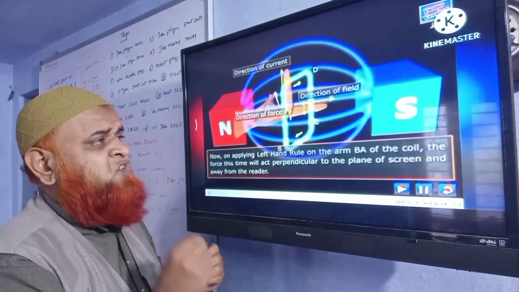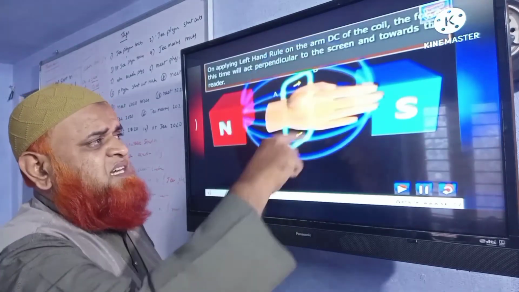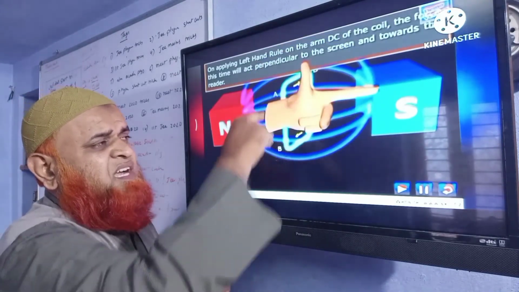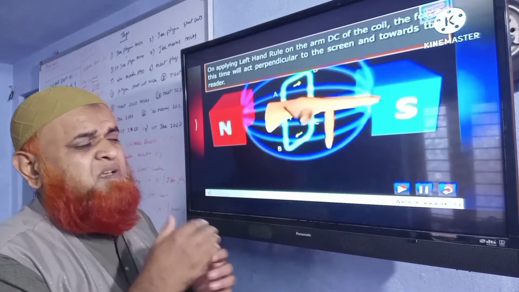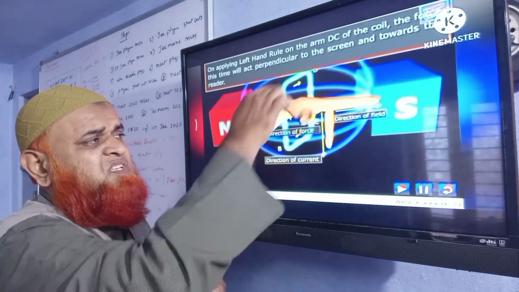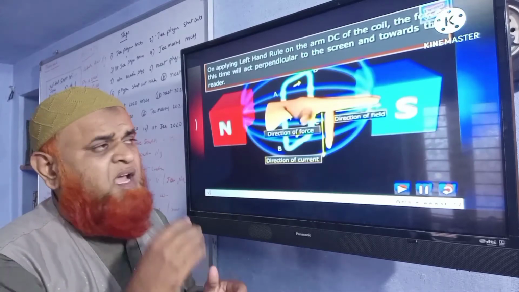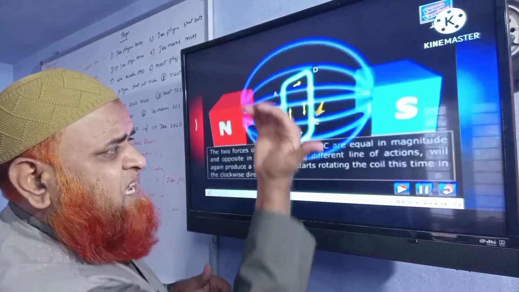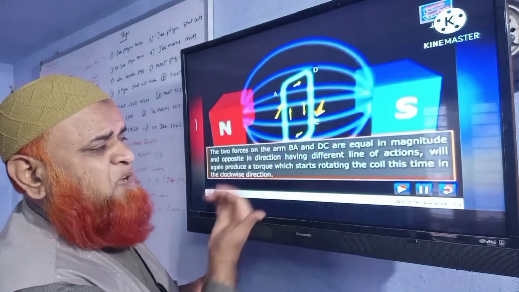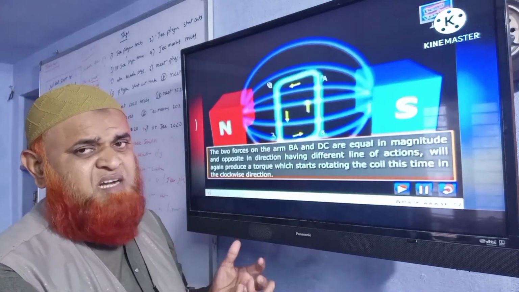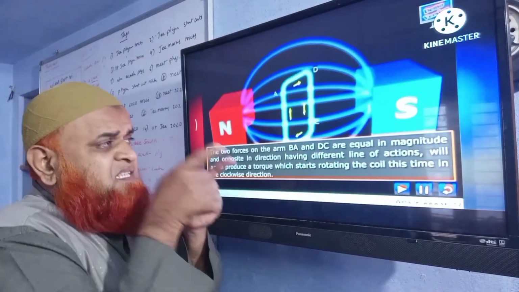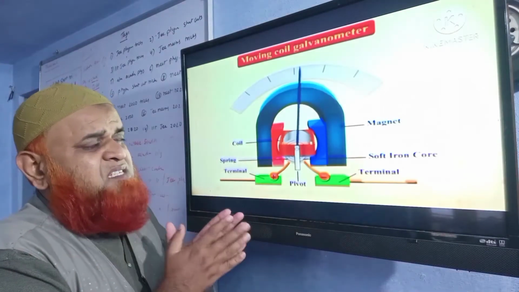When the current moves in the clockwise direction, this side is going to be the south pole, and at the back, the current moves in an anti-clockwise direction, so the other side is going to be the north pole. This is the way the coil starts rotating.